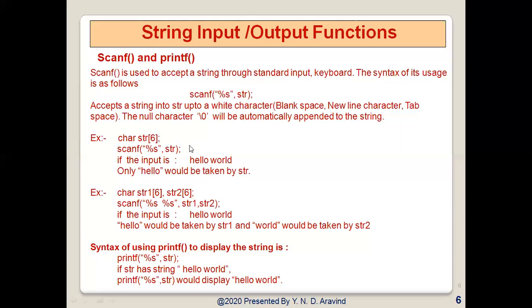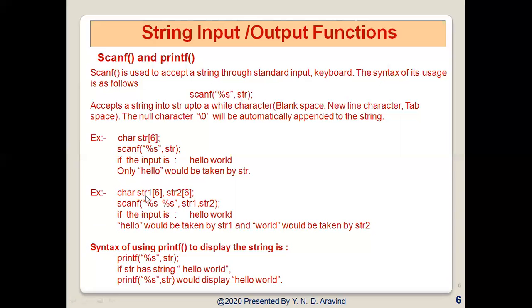If I want to take both hello and world, only hello would be taken by str. Any subsequent scanf to accept a string would read the next word. So to read this word, again we need another scanf and another string.